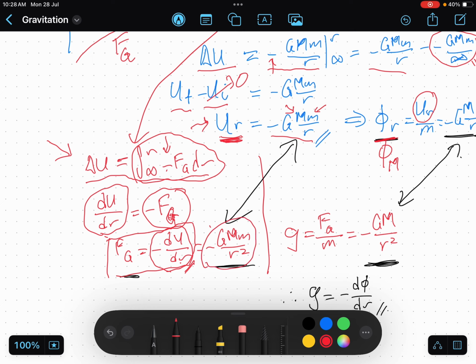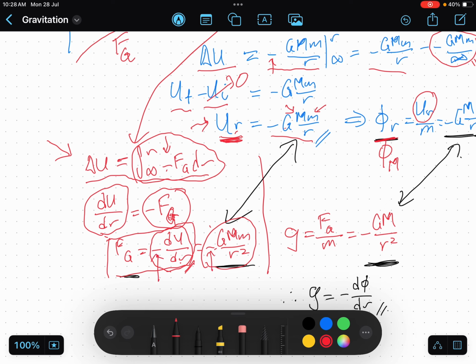So you can see that U of R is minus GMm over R. If you differentiate this, you get R to the power of minus 1, you bring it down, it becomes positive. That's how come the negative sign here disappears. Then it becomes R squared below. So you get GMm over R squared, positive. But remember that there's a negative sign here, so you have to add in a negative sign.